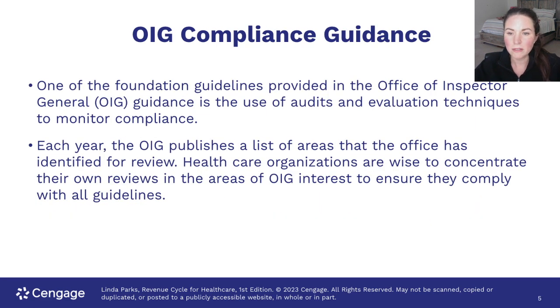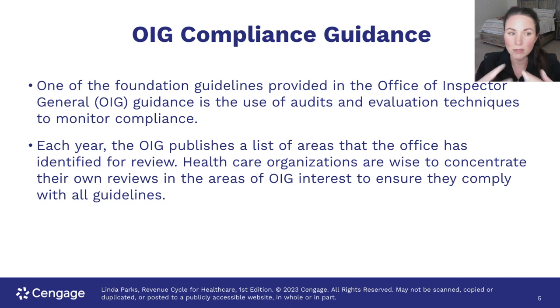The Office of the Inspector General, or OIG, was created in the 1970s, and one of their foundational guidelines is the use of audits and evaluation techniques to monitor this compliance, so to make sure there's no fraud or abuse going on. Every year, the OIG will publish a list of areas that they want the healthcare organization to review.